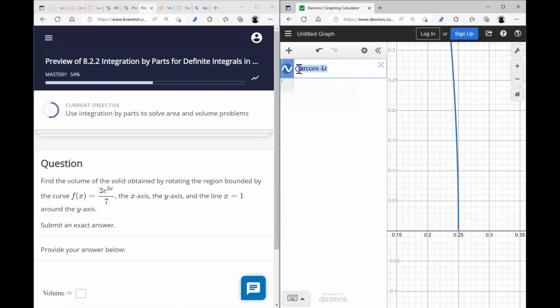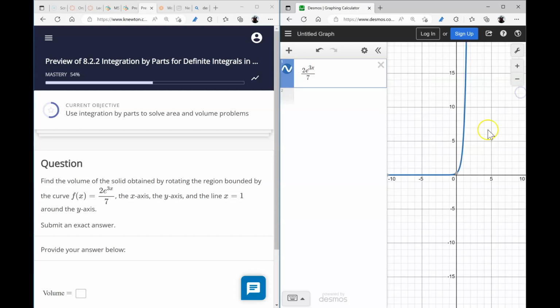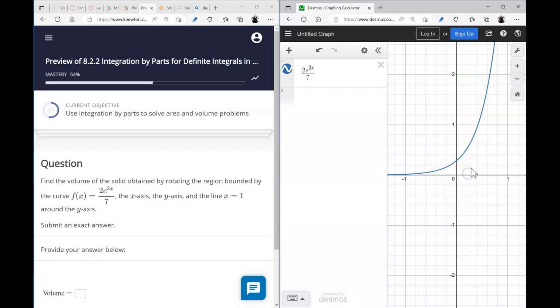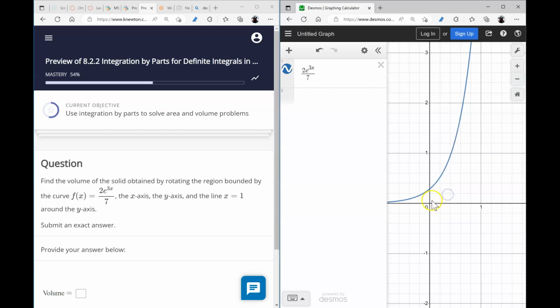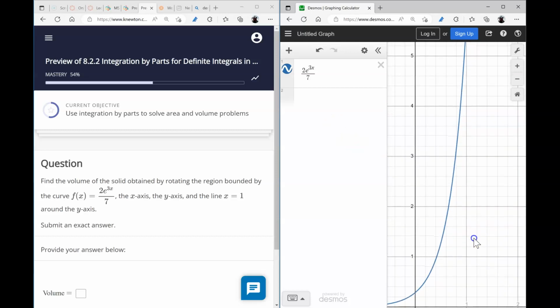We have 2e to the power 3x all divided by 7, and we go from the x-axis and y-axis, and the line x equals 1.